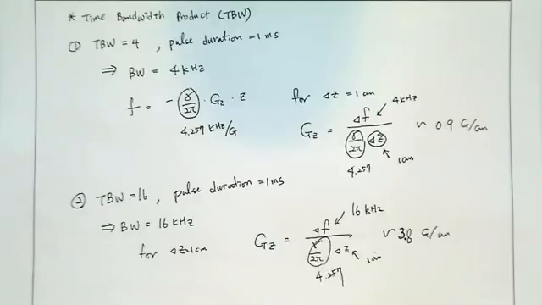So for a given 1 millisecond duration, the gradient amplitude required is close to 1 Gauss per centimeter for 1 centimeter slice thickness, if you're using time bandwidth product 4.